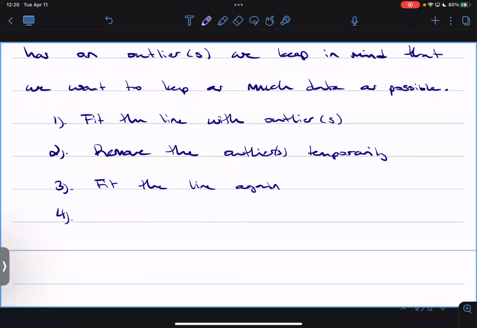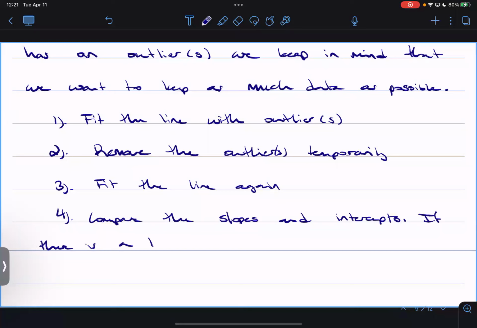And then you're going to compare the slopes and the intercepts. If there's a large change, we remove the outliers.